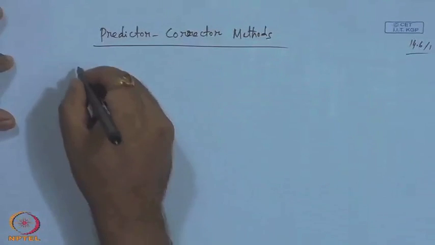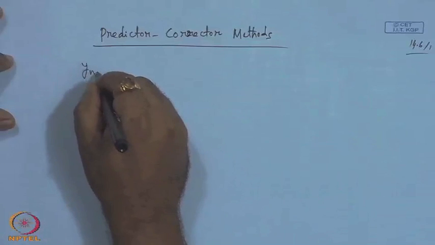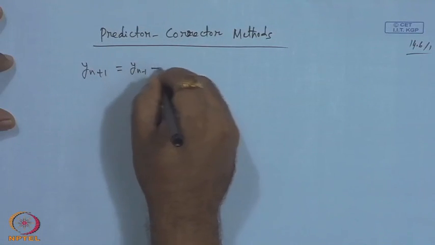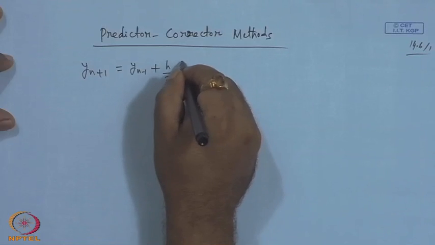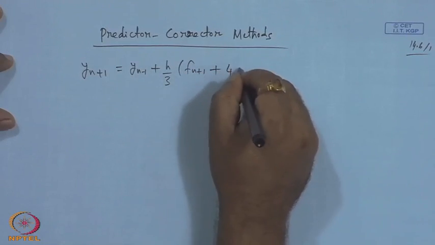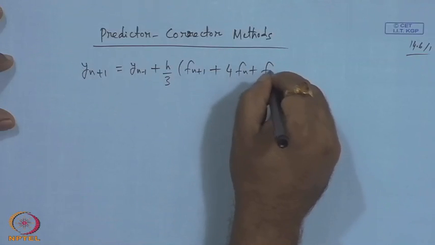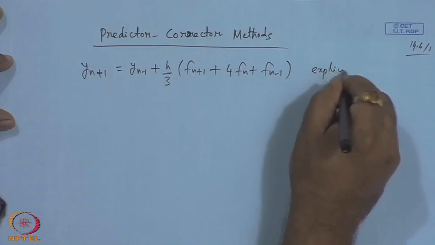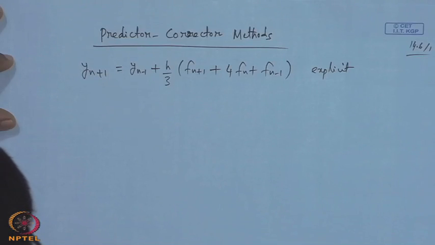So, for example, we have an explicit method.